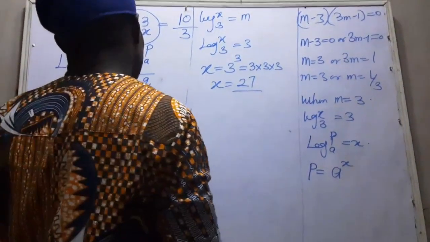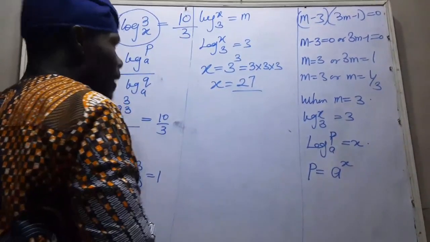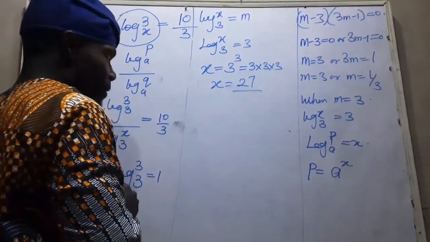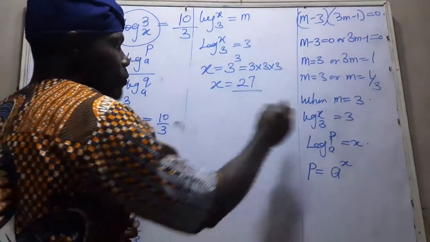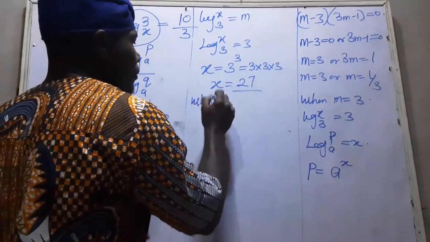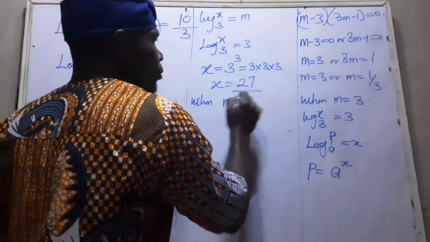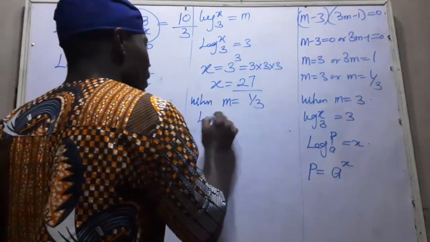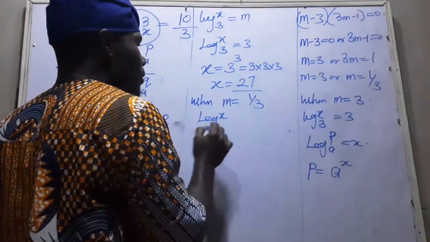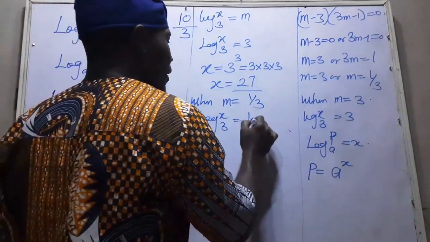Let's also find another value of x. So let's try to do that. When m is equal to 1 over 3, and our m is log x base 3, is equal to 1 over 3.